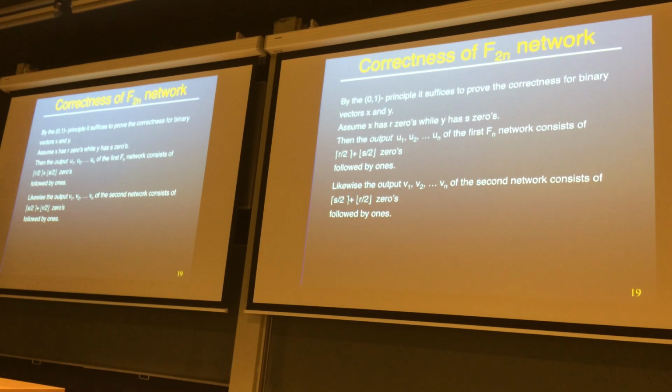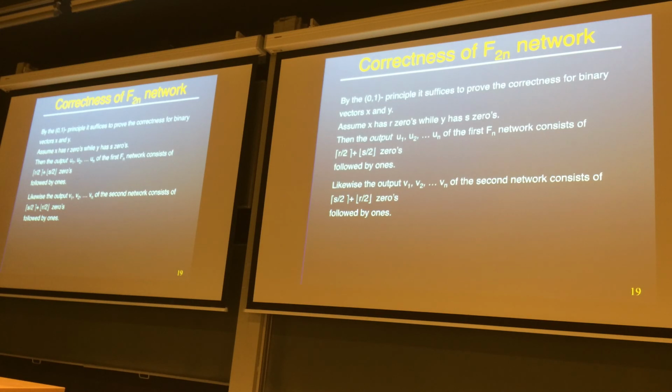So if, for example, r and s are both even, then it's very simple, because then this number equals that number. And what's the significance of comparing an equal number of zeros and an equal number of ones?